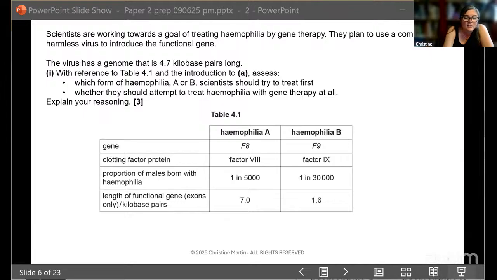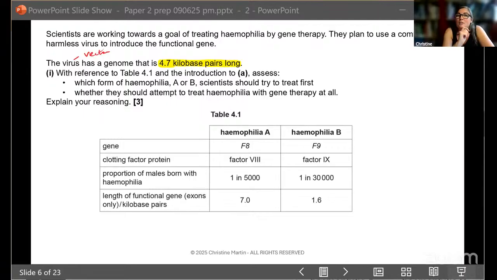And this is a lovely table of results, because what they really want you to do is dissect the information that you've been given. So you have to take the time to read the information, i.e. 4.7 kilobase pairs long. So you've already been told that the virus is the vector in this case, not a plasmid.